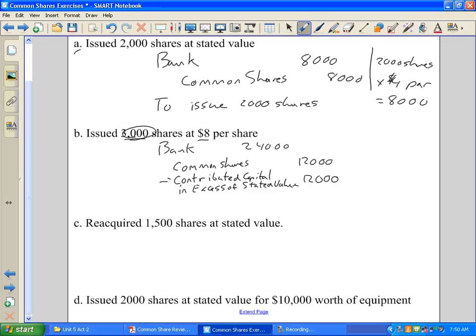Now this account here is an account that will show up within the equity section of the balance sheet. We're going to deal with that in a couple of activities, but for right now, just realize that if you have stated value shares, which we do here, and we sell them for more than the stated value, the excess amount has to go to contributed capital in excess of stated value, which is actually, once you read it and understand it, sort of self-obvious that that's where the money would go, obviously.